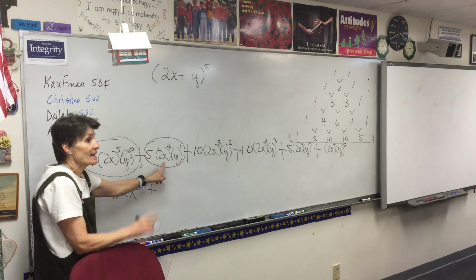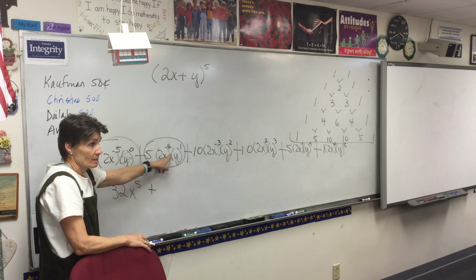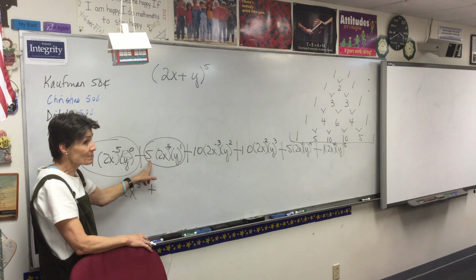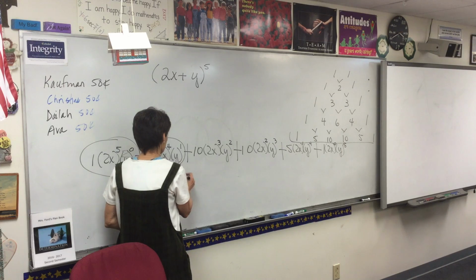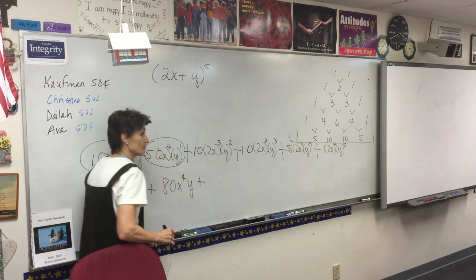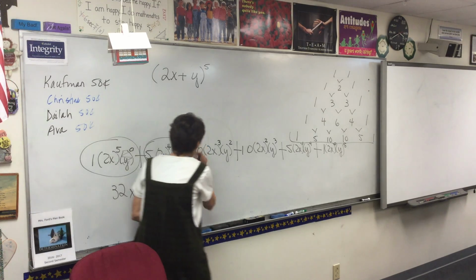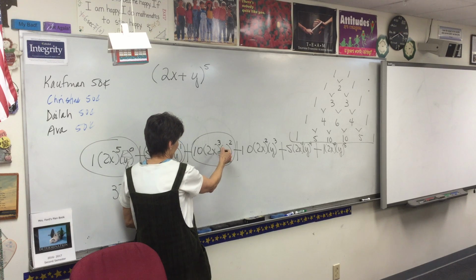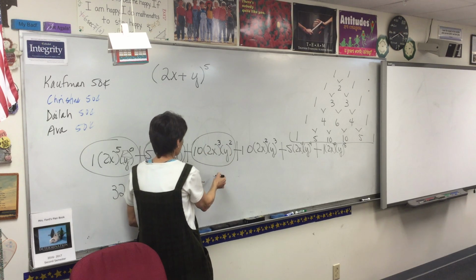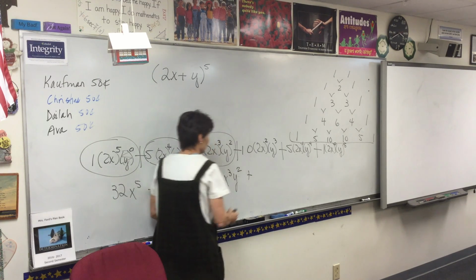That's 2 to the 4th. 16 times 5. 80 x to the 4th y. Now all of this, what's right here? That's an 8 times a 10, another 80 x cubed y squared.